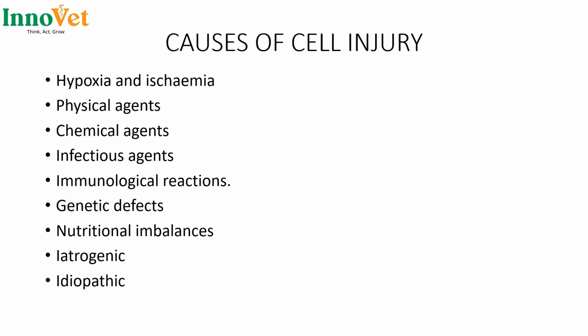Then nutritional imbalances. These can either be deficiencies or excesses. Then we have iatrogenic causes, which are basically the cell injuries caused by medical personnel. Then we have idiopathic, where we just don't know the cause of the cell injury.